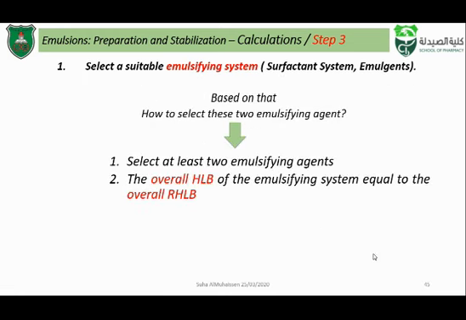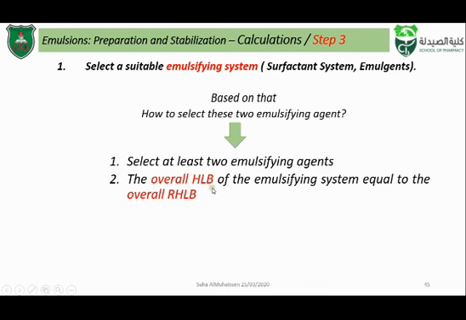Now, based on all of what we did say, how to select these two emulsifying agents? First of all, remember the following two points. Select at least two emulsifying agents, but again, based on what?